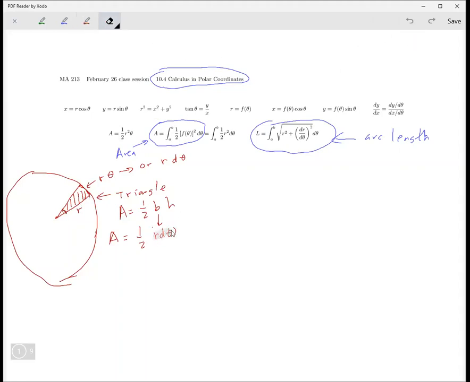It's best to think of the base as this right here, the r, and this as the height. The area of a triangle is 1/2 the base times the height, so you get 1/2 r times r d theta, which gives you this piece right here.